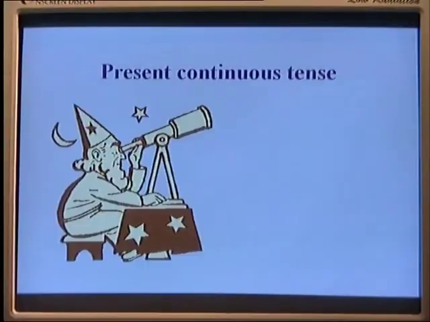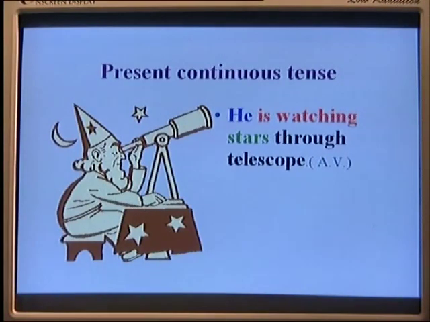Now, look at the sentences in present continuous tense. What is he doing? He is watching stars through a telescope. Again, here the sentence begins with the doer, therefore this is an active voice, but "ing" is there, so it is in continuous tense.